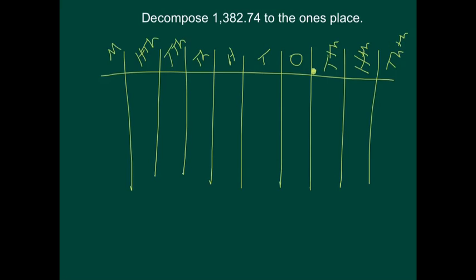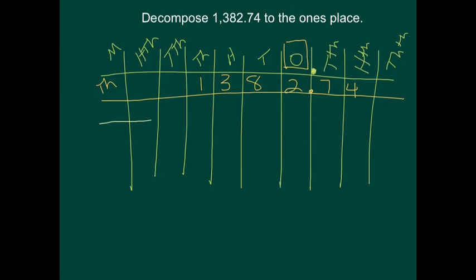Now, first we're going to take 1,382 and 74 hundredths. This is already decomposed to the thousands place, but we have to take it down to the ones place.